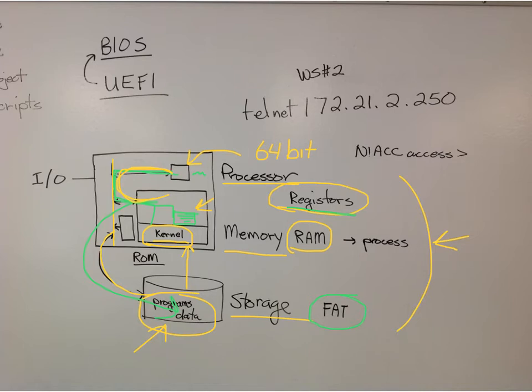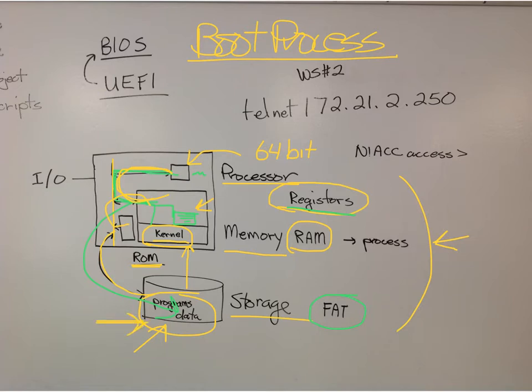Well, we have that boot process. We have some software, like in read-only memory or somewhere, and that software gets loaded initially, and then it goes out and finds the operating system out on storage and loads it.